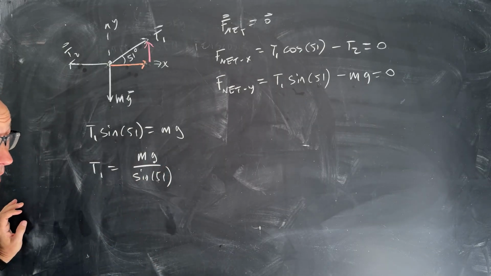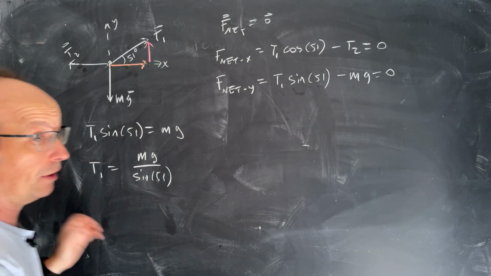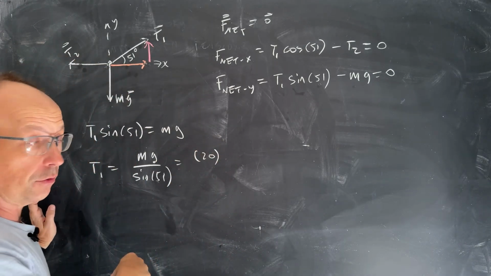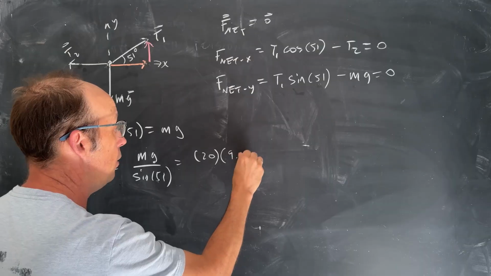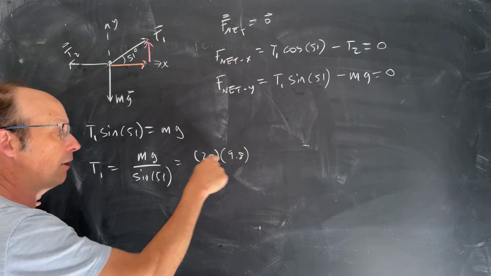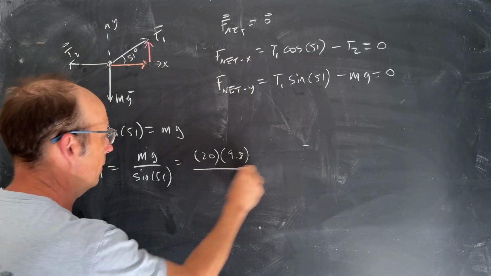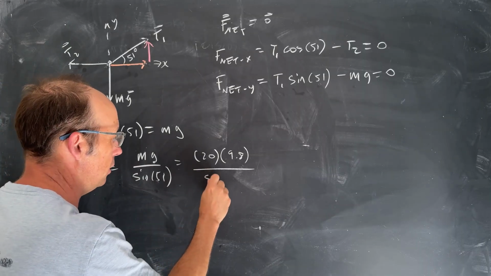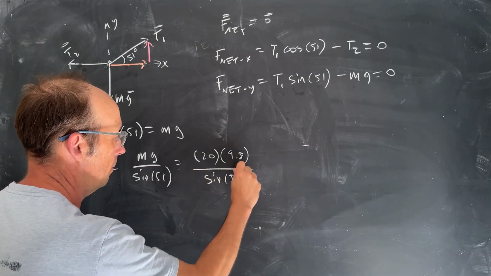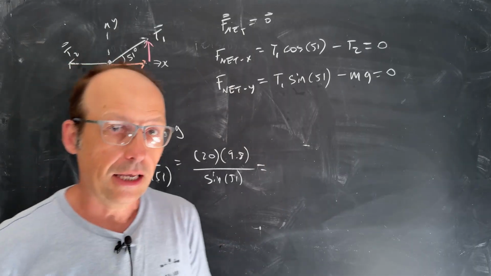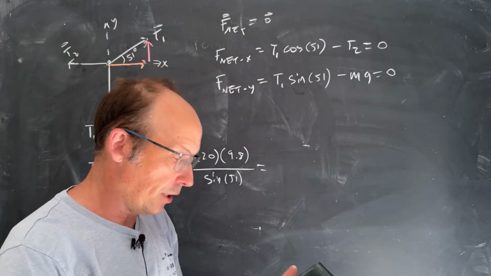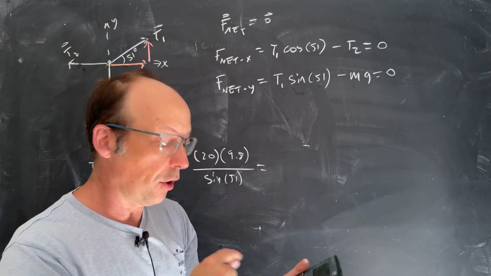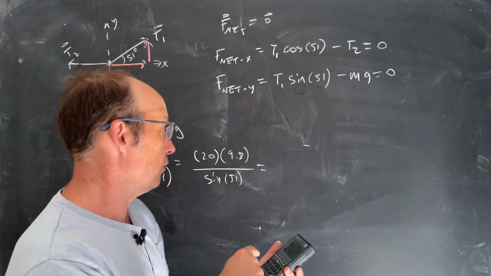Now I can actually plug in my numbers if I want to. I don't really want to, but I know you do, so I'm going to do that. So it's going to be 20, I'm going to leave off the units, times 9.8. Units are important. That's in newtons per kilogram times kilograms, so I get newtons. And then 51 is degrees, so sine of 51 has no units, but I'll just write it right here. And let's go ahead and plug that in your favorite calculator. Get used to your calculator so that you don't have to mess around with it later.